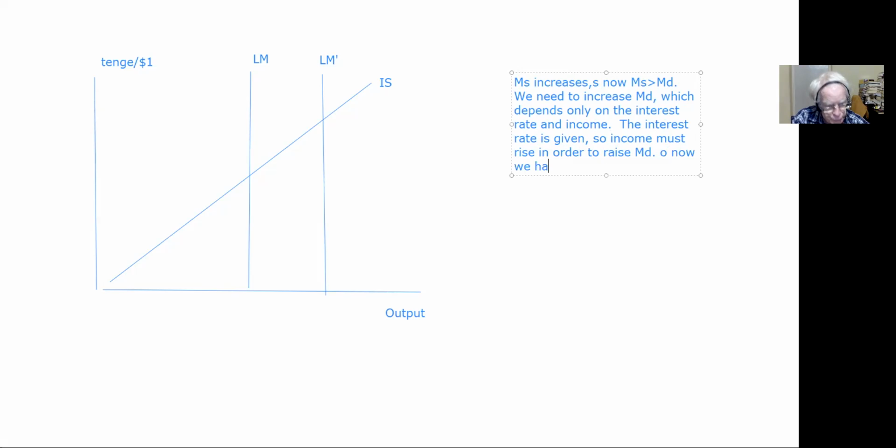Now we have new equilibrium in the money market on the new LM schedule. On the old schedule, we don't have equilibrium, we have excess money.